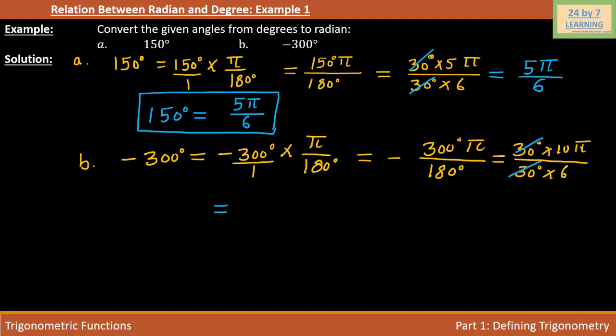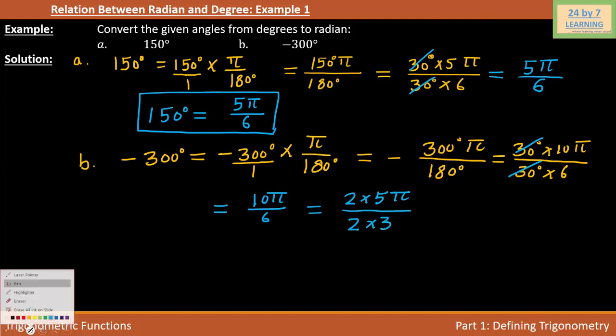The numbers left are 10 pi in the numerator, and 6 in the denominator. As we can see, I have 10 pi over 6, and we can still find the factors of 10 and 6. I'm going to write 10 as 2 times 5, and then I have pi left, over 6 as 2 times 3.